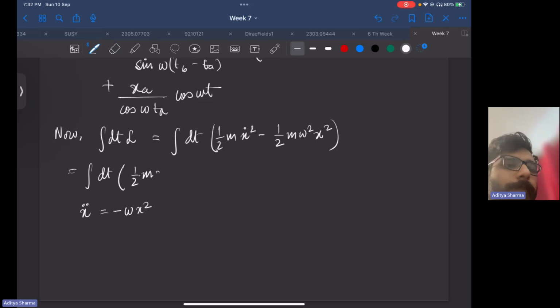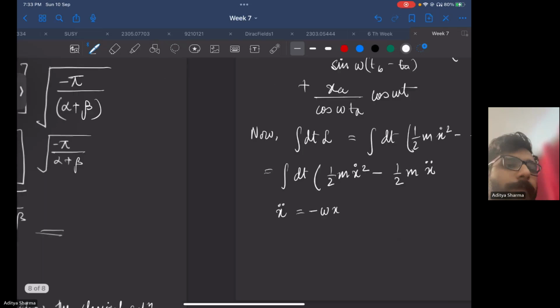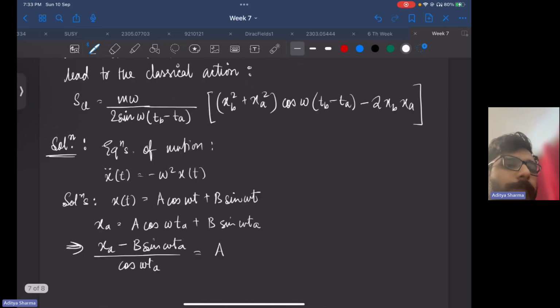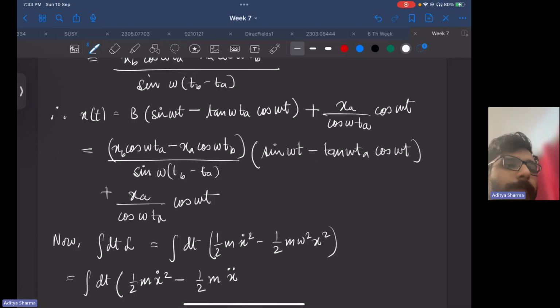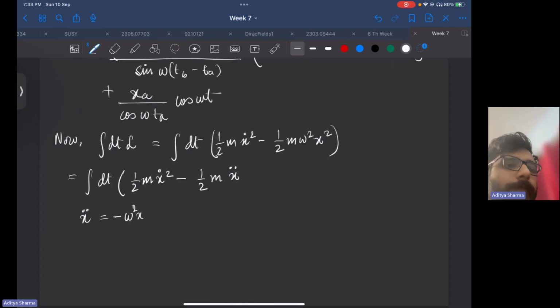Okay, I'm going to use this equation directly here, which is x square is equal to half m x double dot. Oh sorry, what is the equation?